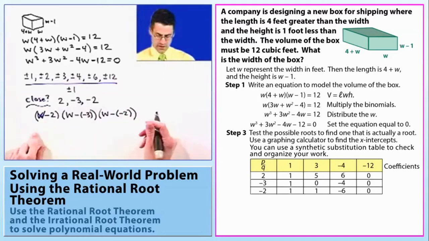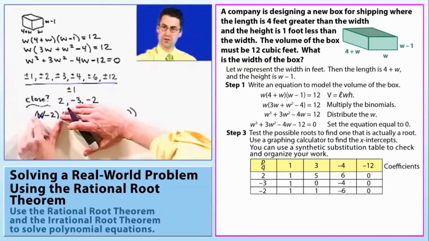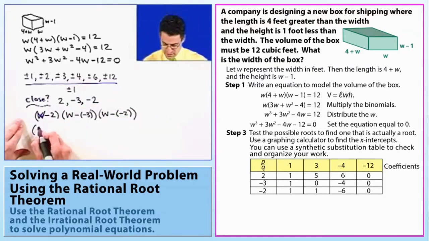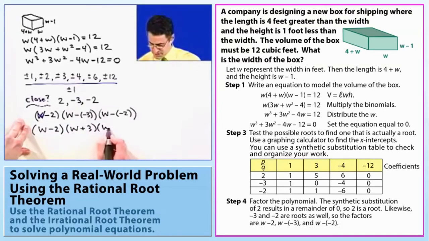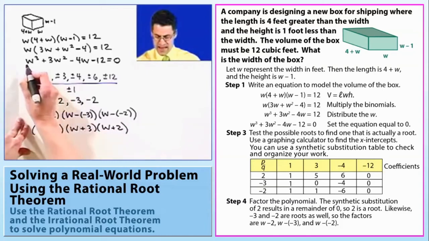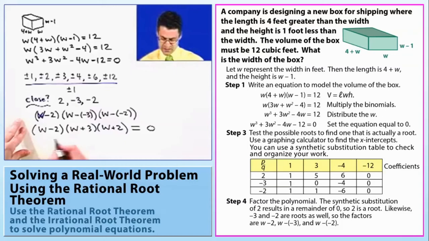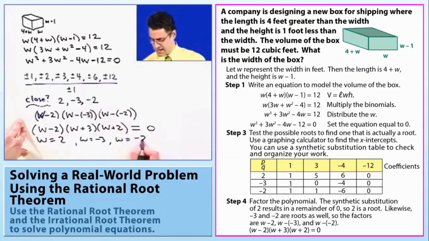So all we have to do is either long divide into this polynomial, or we can use synthetic division. Either way, when we check, we see that this factorization holds. If you multiply these three factors together, that actually equals this polynomial. So when we set this equal to 0 and solve, we have 3 solutions: W equals 2, W equals negative 3, and W equals negative 2.